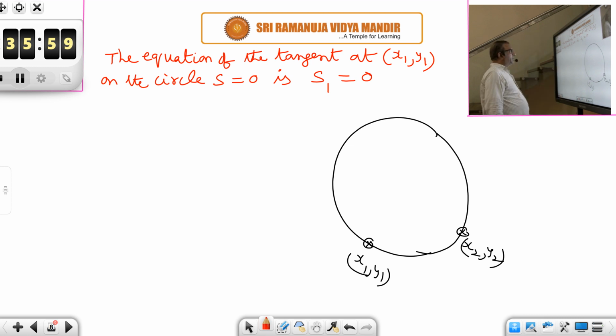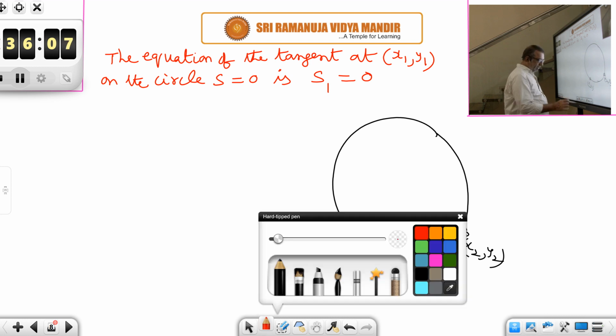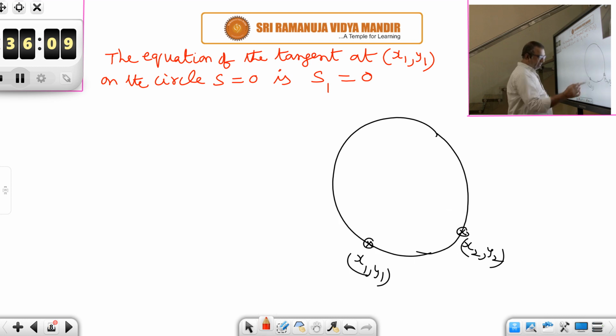How to prove this? I want the equation of the tangent at x1, y1 on the circle s equal to 0, is it not? So here x1, y1, this is the circle s equal to 0. x1, y1 is a point here. So I have to find the equation of the tangent. So as per the definition of tangent, what we have to do is, we have to take a point x2, y2, a different point from x1, y1.